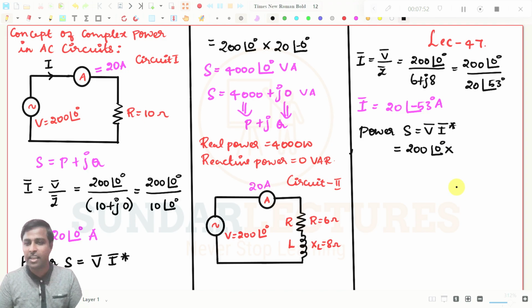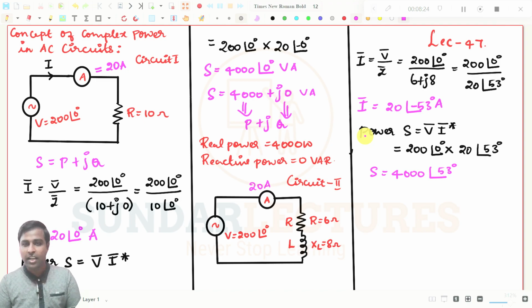It is 20 at an angle of, if you take the complex conjugate of 20 at an angle of minus 53 degrees, it will be plus 53 degrees. That is the complex conjugate. If you simplify this expression, S is equal to 4000 volt amperes at an angle of 53 degrees.